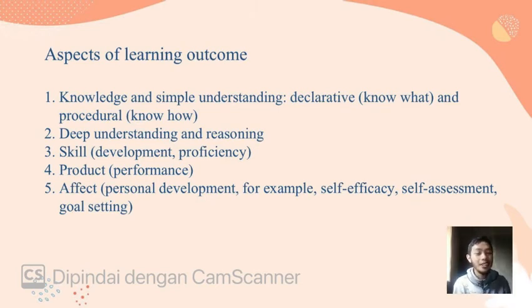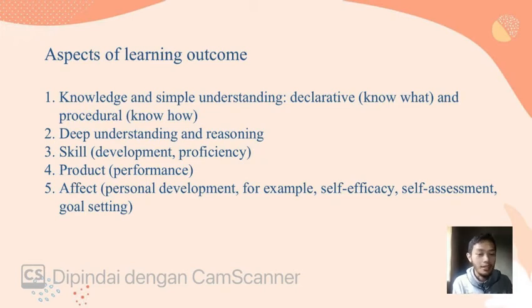And then the deep understanding and reasoning. This is a deep understanding and reasoning about the learning outcome itself. And then the skill. The skill here is the development or the proficiency after the learning outcomes.